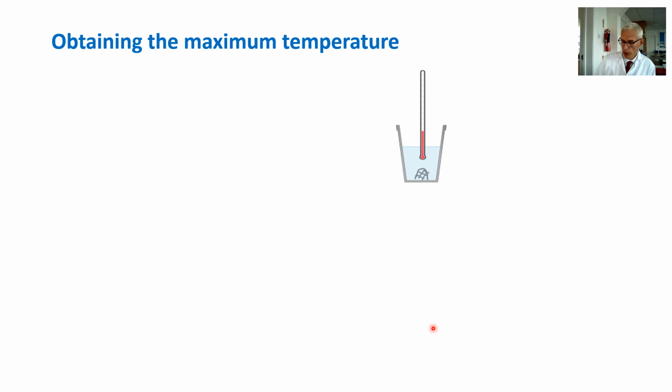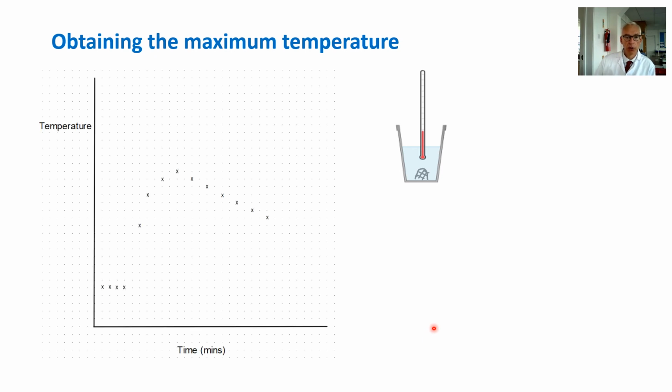However, if we look at a typical plot for monitoring the temperature change for that reaction, you'll see that a couple of minutes are spent establishing a baseline temperature. Then the zinc is added and we see there's a rise in temperature, and that temperature rise is then followed by a temperature fall. Now that temperature fall is associated with the heat losses to the surroundings.